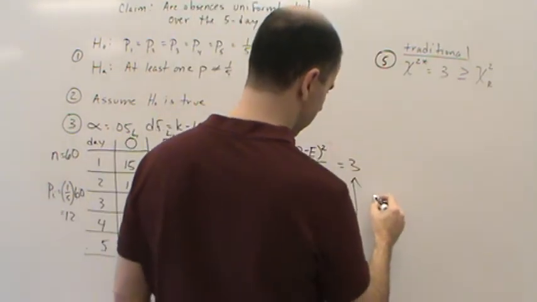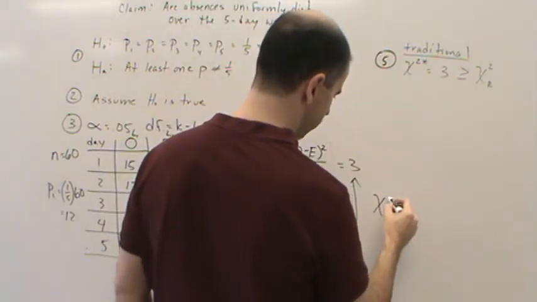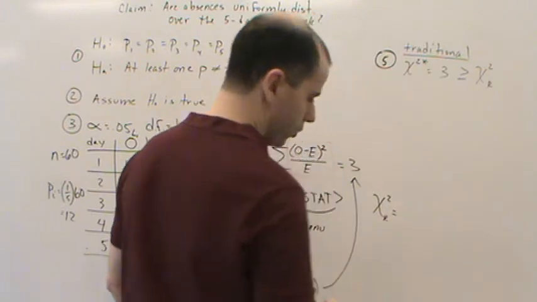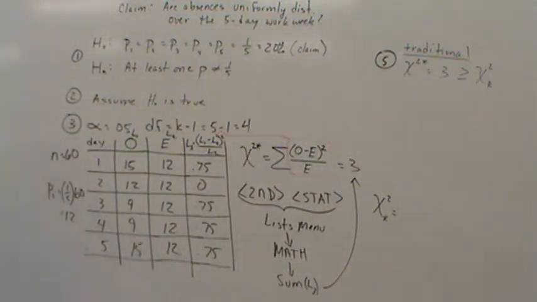So if we go to the table, chi-squared r is going to be what? I'm going to look for degrees of freedom 4. And it's a right-tailed test. We're on the right side of the table. And I'm looking for 0.05. So it's 9.488.